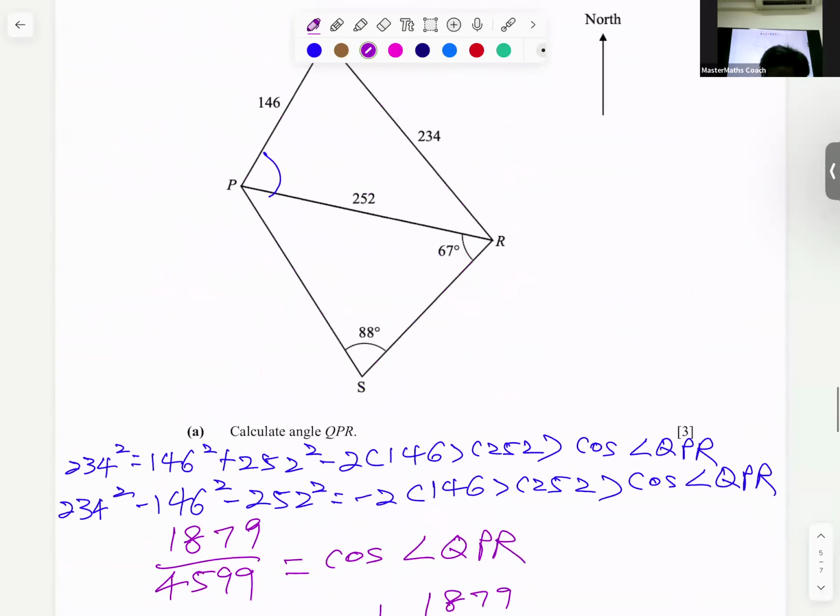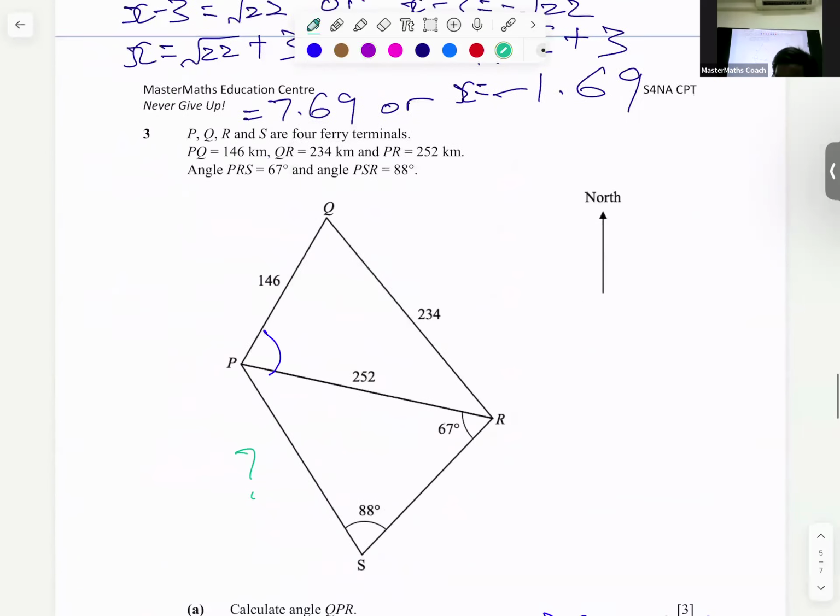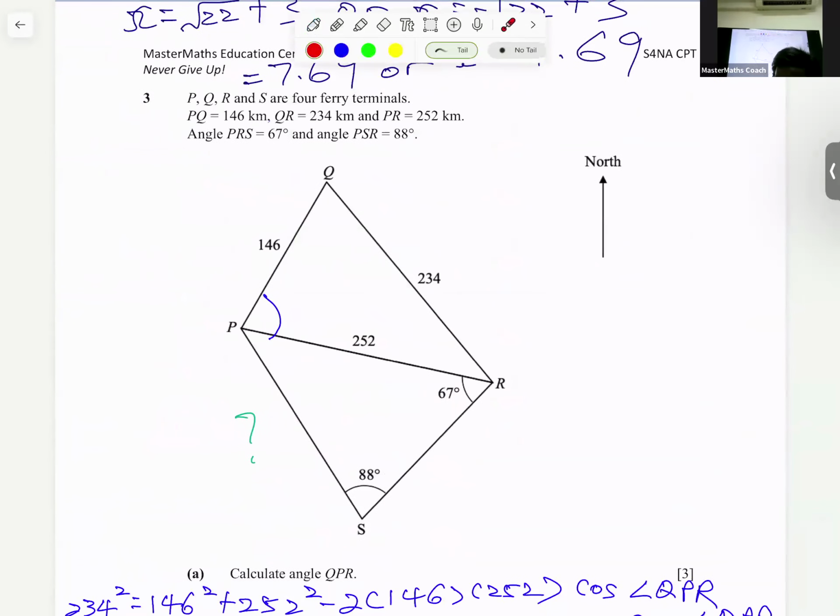Next, we are supposed to find PS. PS is this one here. So for this, we use the sine rule, because we have this angle, 67 degrees, then PS, then you have 88 degrees and 252.